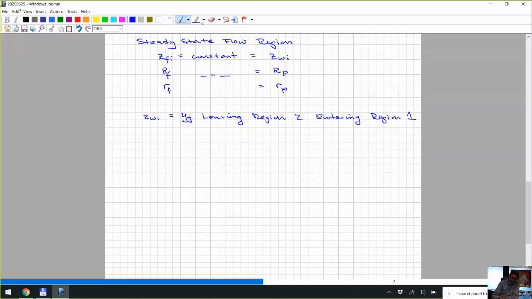Y is gas, so I don't need that. So this is the gas composition. I'll basically say region 2 out. It's leaving region 2. So that composition is our producing well stream composition entering the wellbore.